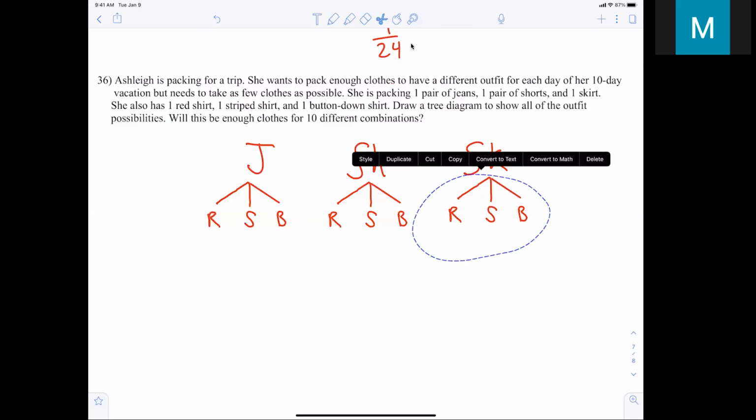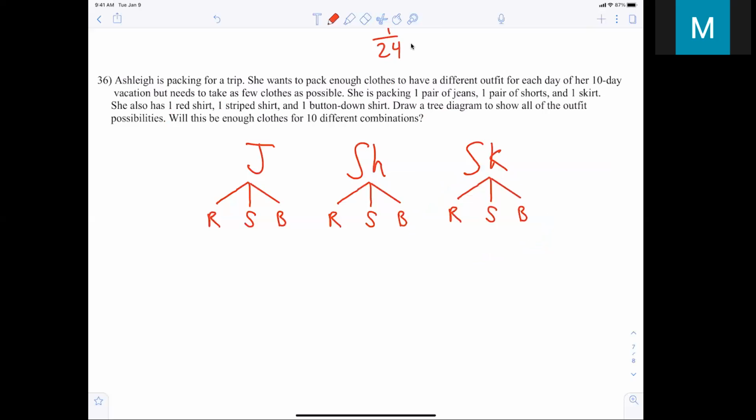Now, was that it? She needs to take a few clothes: jeans, shorts, and a skirt, and she also has 3 shirts. That's all she has. So there are how many possibilities? 9, right?